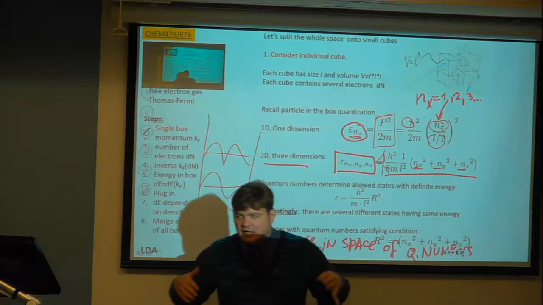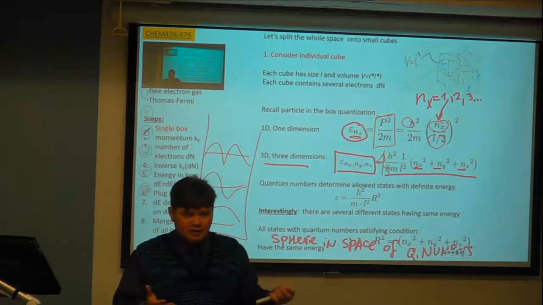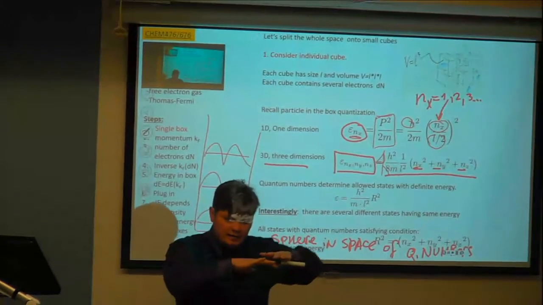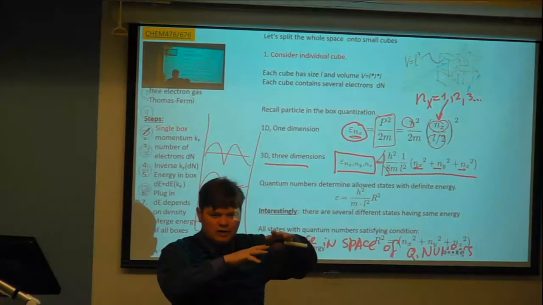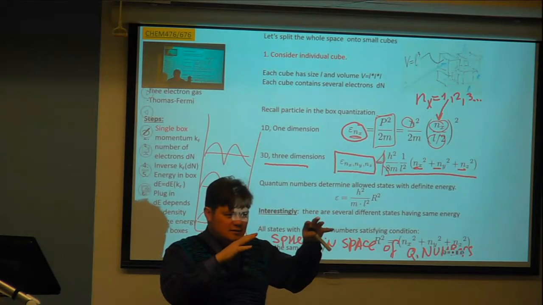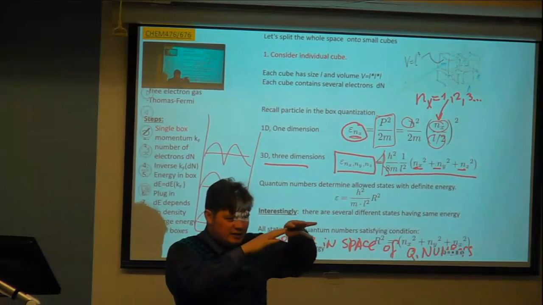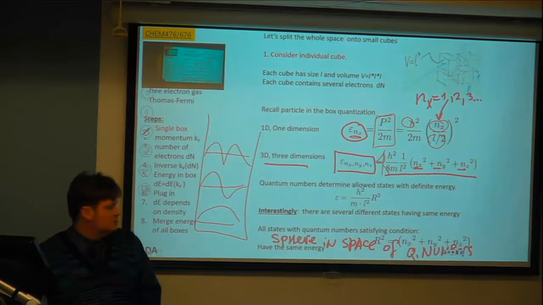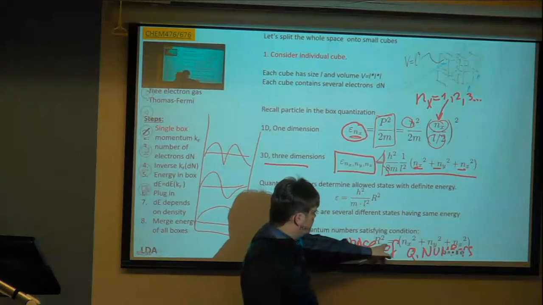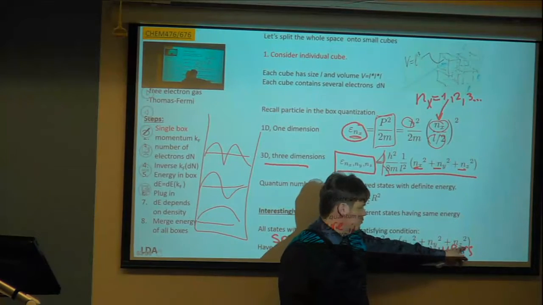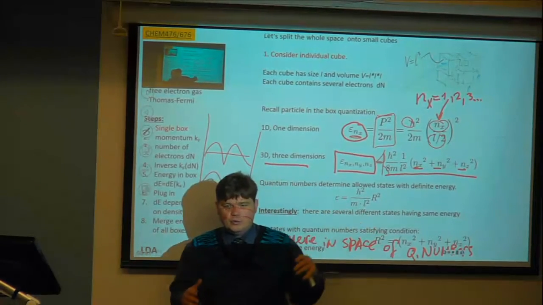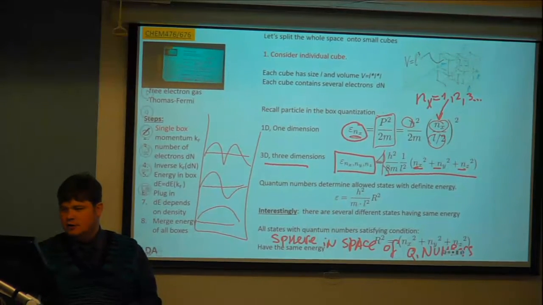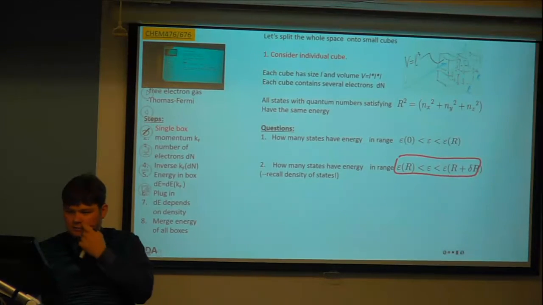And we need energy for the future because we need to find the energy of all electrons. We can play with this crazy space of states and identify a surface that corresponds to equal energy. If x squared plus y squared plus z squared equals a constant, it will be a sphere where all points on the sphere correspond to the same energy of an electron.